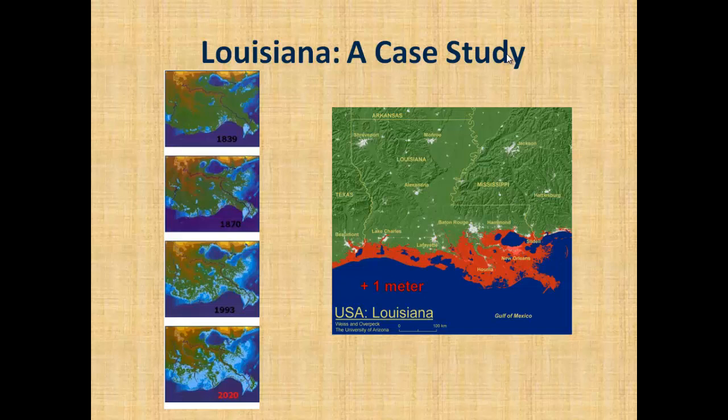You can create navigation channels to allow the Mississippi River to erode naturally and replenish the coastlines. With all the man-made items along the Mississippi River, dams and whatnot, it's affecting the replenishment of the coastline.